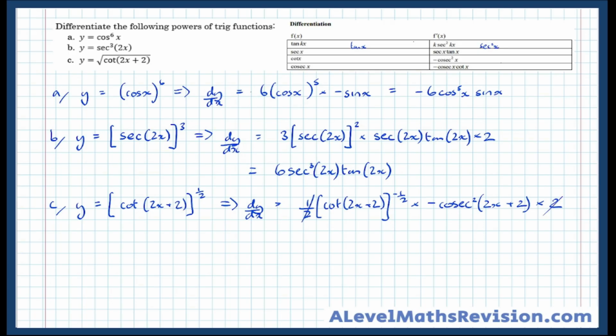We can see that those two terms cancel, giving, and we'll write this in a neat format, minus cosec squared of 2x plus 2. Power of minus a half means the reciprocal of the square root of. So root cot of 2x plus 2.